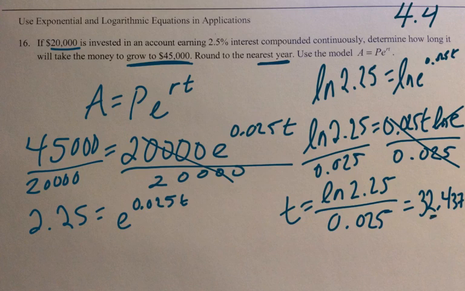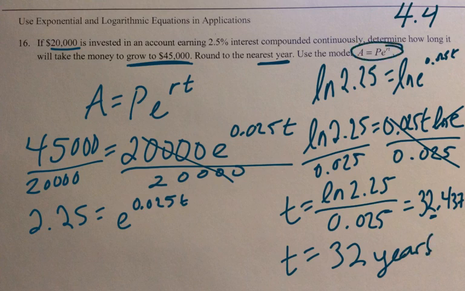So rounded to the nearest year, that's going to be t equals 32 years. Now you can check your work. You could take this and plug it into the initial problem, do 20,000 times e to the 0.025 times 32. When you do that, you're going to get an answer that's really close to $45,000.